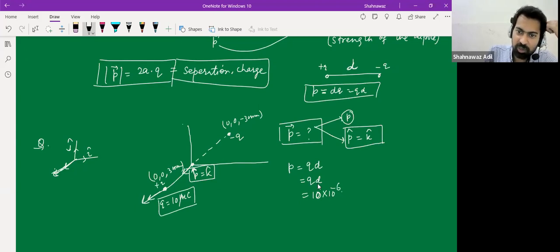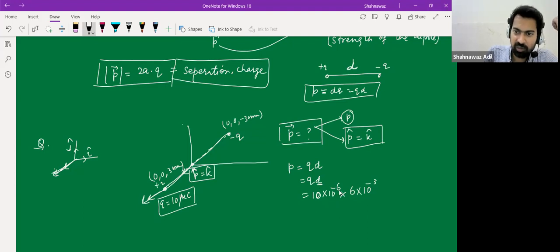And what would be the separation d, Aisha? 3 minus of minus 3, so that would be 6 millimeter, which is 6 into 10 to the power minus 3 meters.